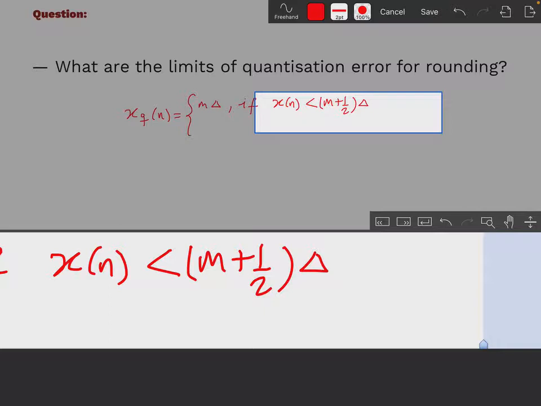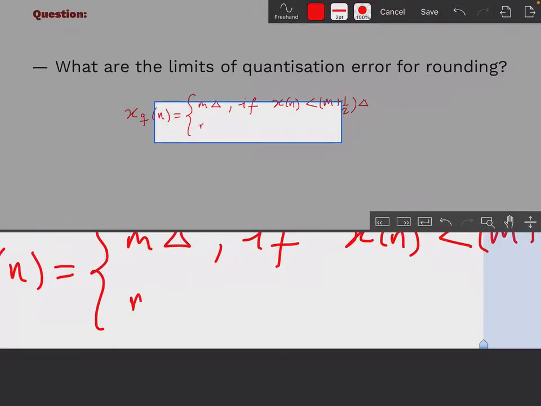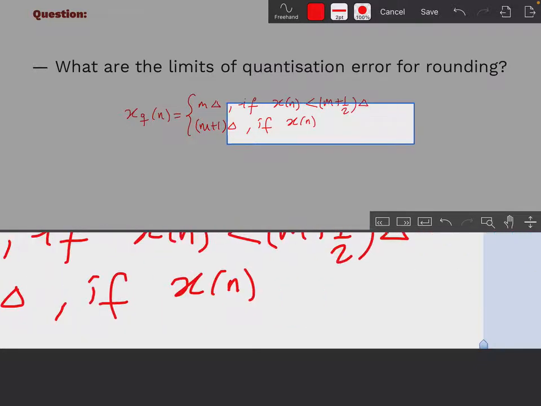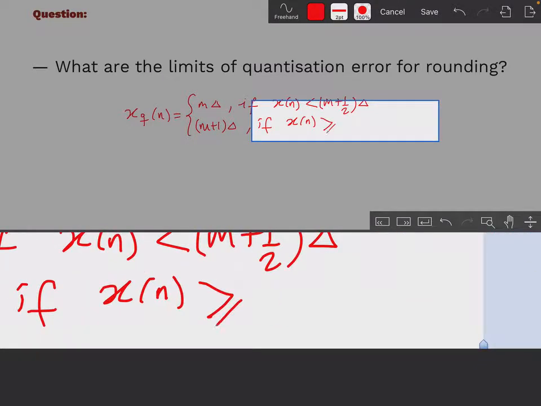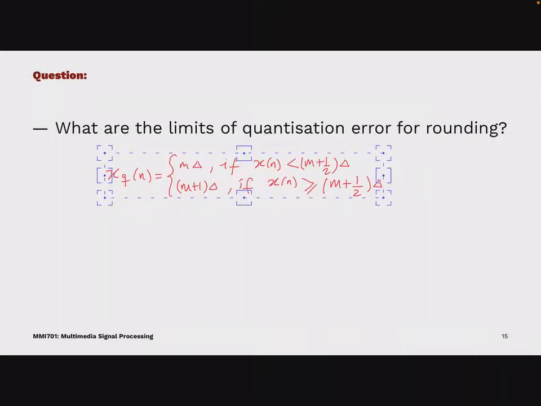We assign it to m delta because we are rounding, and m plus 1 delta if x of n is greater than or equal to the midpoint between those two values, m plus 1 over 2 delta. So this is quantization by rounding for you.